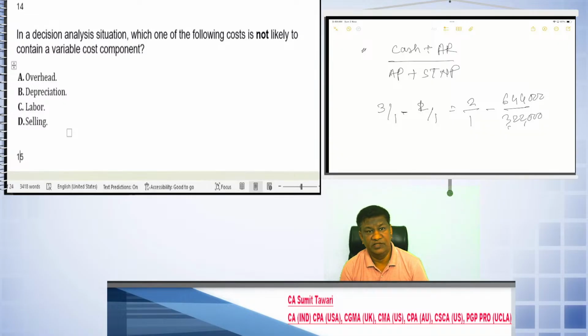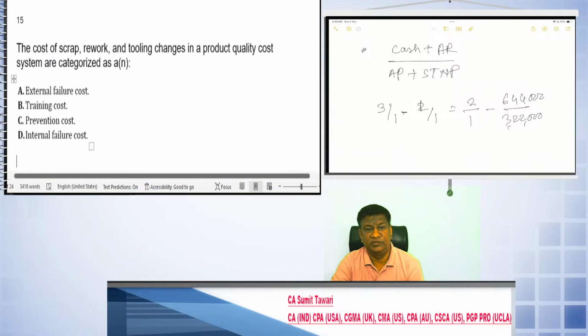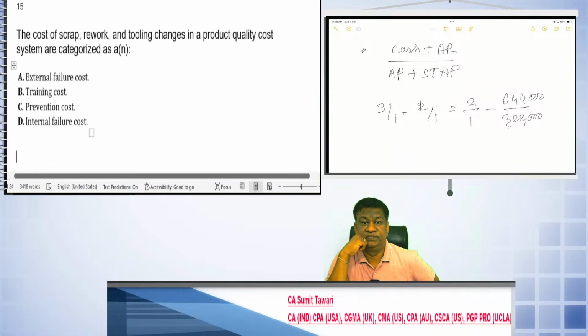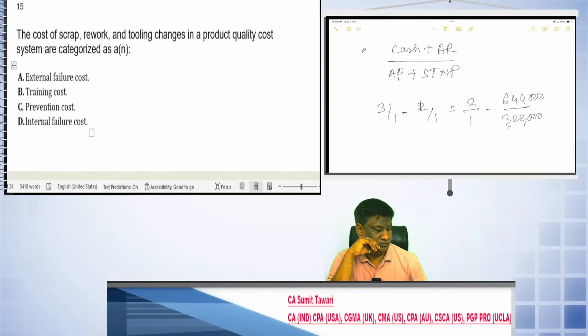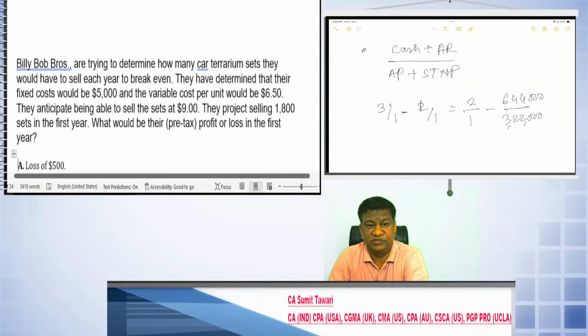B. Depreciation. Yes. Question number 15. I think internal. Yeah, not I think, it is correct. Internal failure cost. Question number 16.